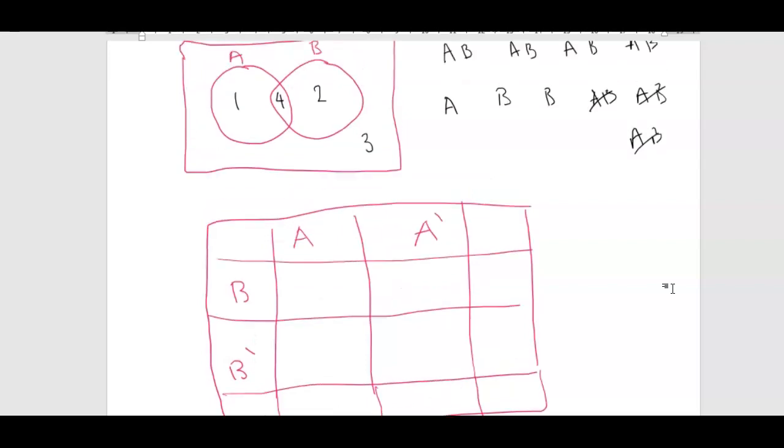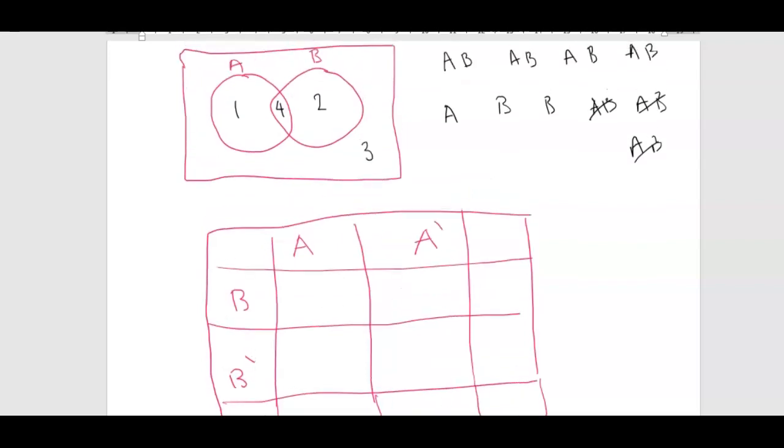All right, so let's just scroll up a bit so I can see my sample space. So this first cell here is A and B. And it doesn't matter whether you had A at the top or on the side. So I've got 4 people who like both.